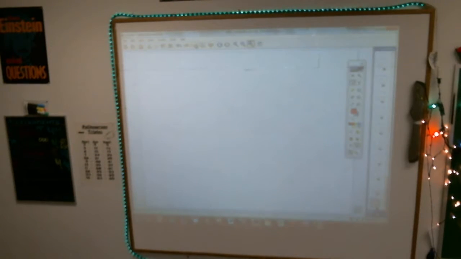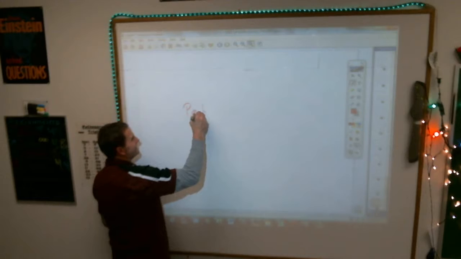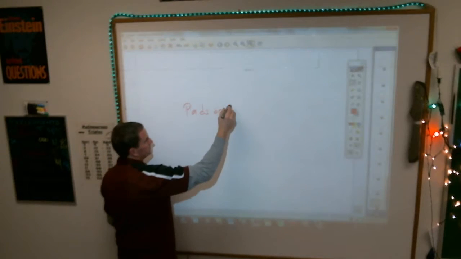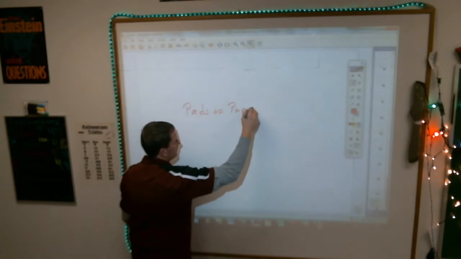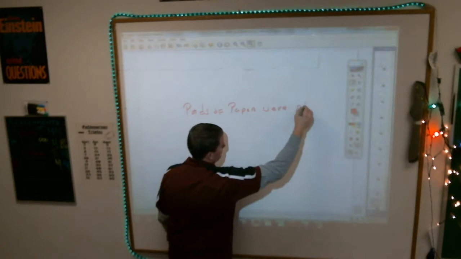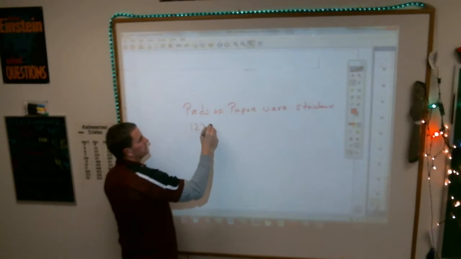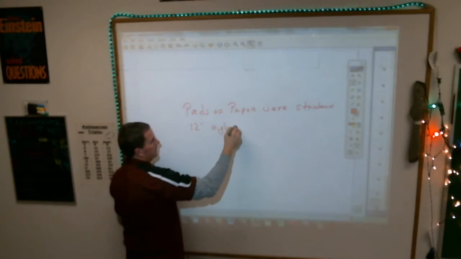Here, write this problem down because now we're going to talk a little story problem here, which seems to give people problems. Pads of paper were stacked 12 inches high on the shelf.